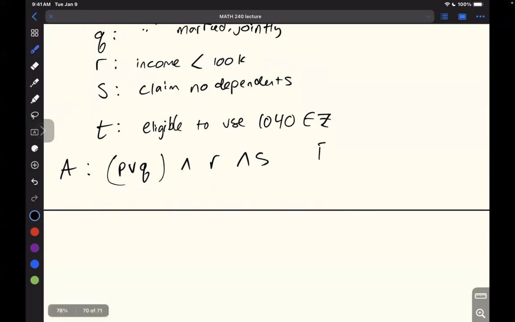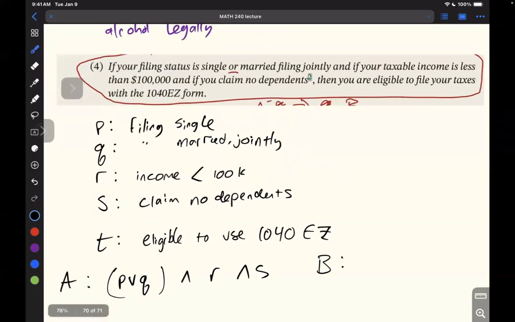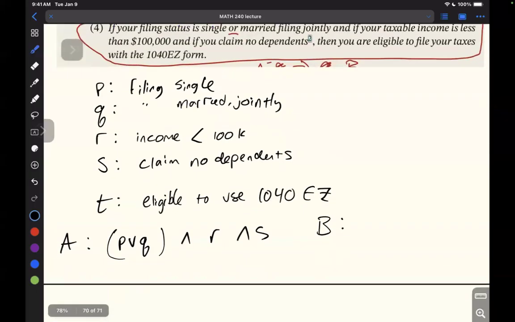And so I think obviously B is just our statement T that we're eligible to use this form.